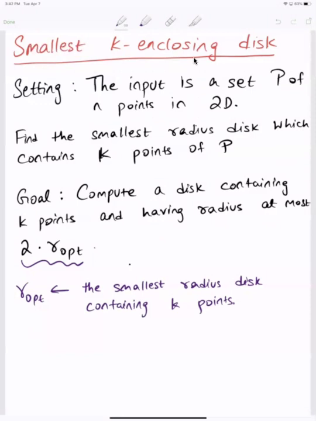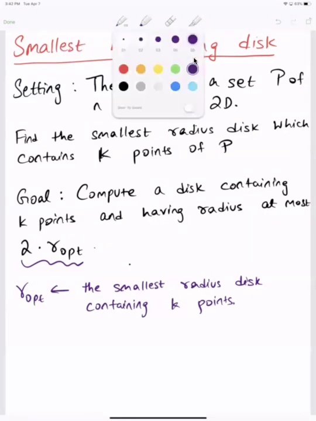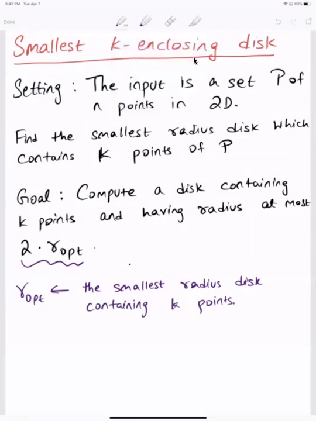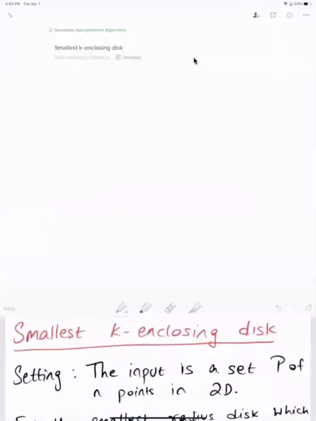To restate the goal, a 2-factor approximation is what we are aiming for here. I hope the problem statement is clear, very simple. Let's do some visual.